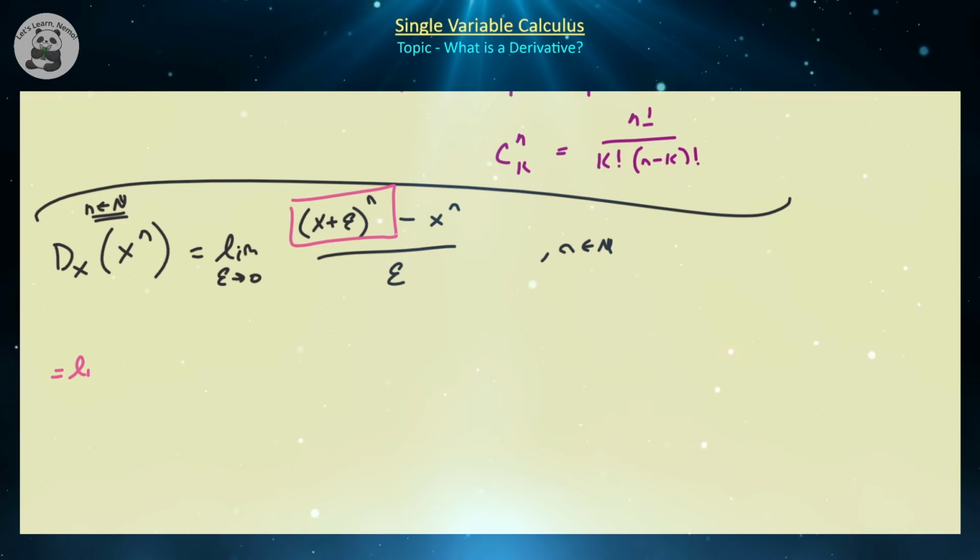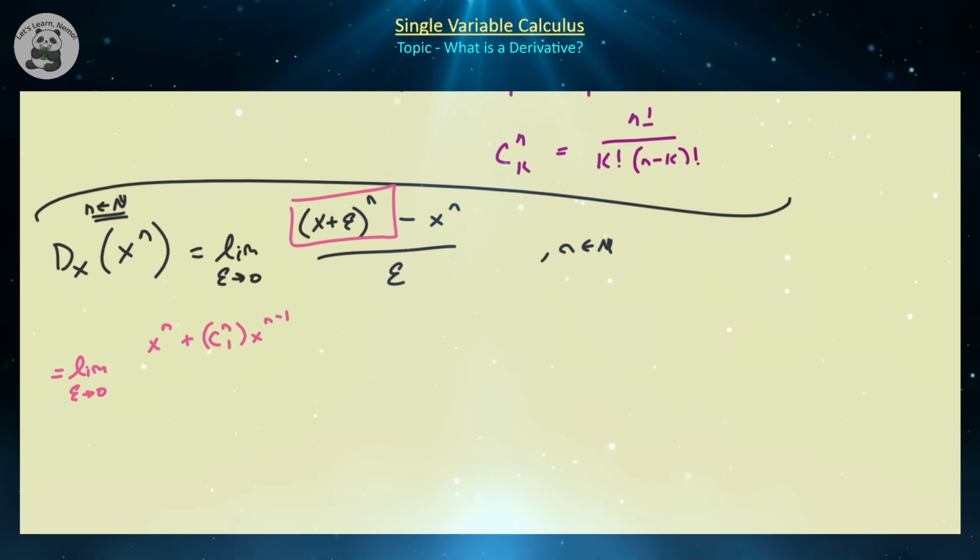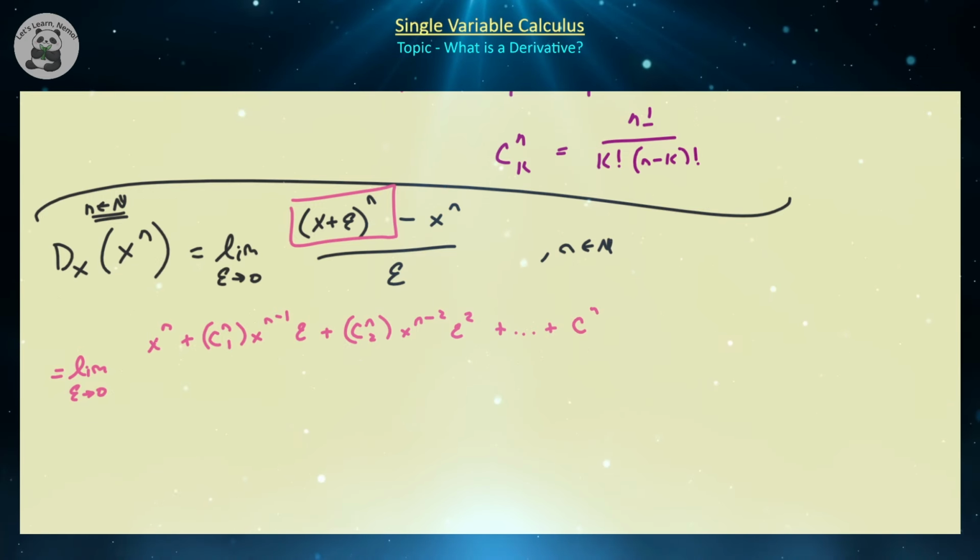So this is going to be equal to the limit as epsilon approaches 0 of x to the power of n plus C(n,1) times x to the n minus 1 epsilon plus C(n,2) times x to the n minus 2 epsilon squared. And this is going to continue all the way down to C(n,n) times x to the power of n minus n, which is just going to be equal to 0. So we're not going to write that. We're just going to write the epsilon term. So we're just going to have epsilon to the power of n.